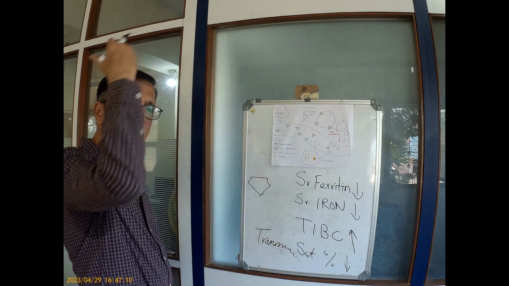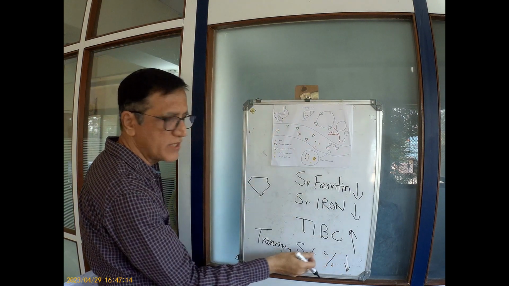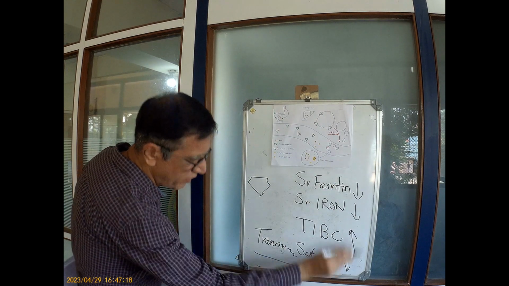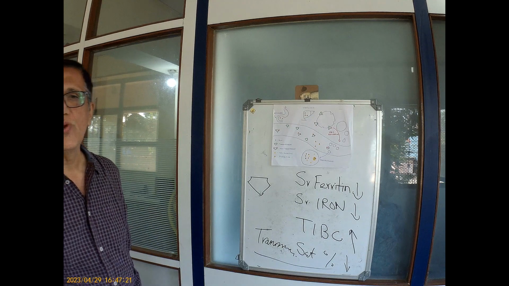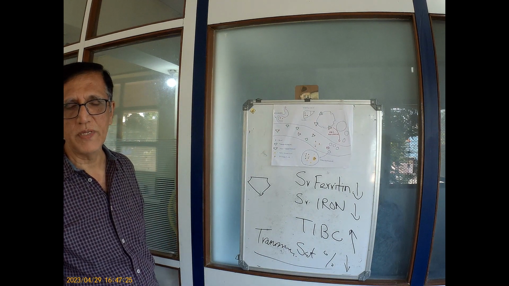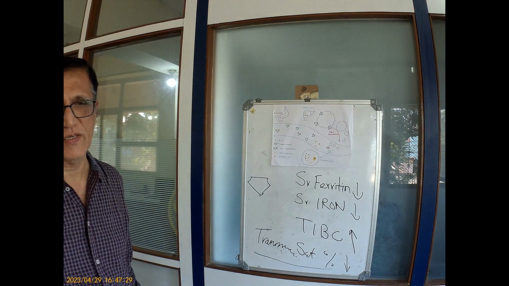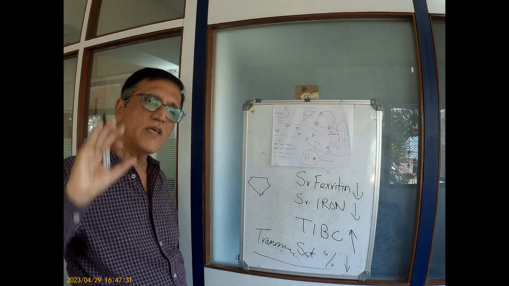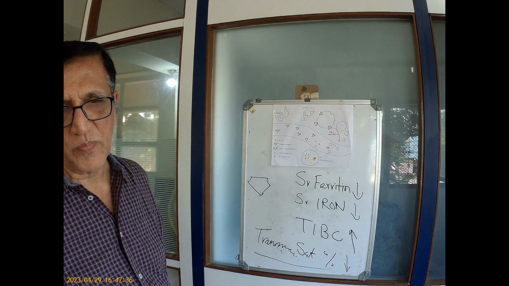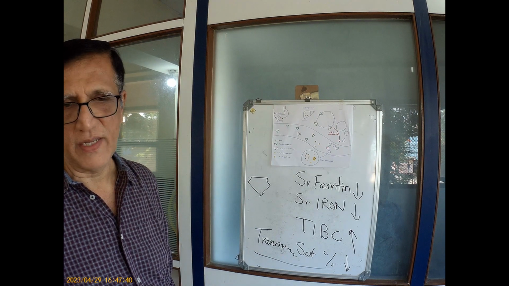It is able to bind an endless amount now, but there is no iron to bind, so saturation is low. So this is the pattern in which it will go. Now at this point, you will get changes in the RBCs. The microcytic hypochromic picture is the final thing which will come up in that entire chain of evidence.